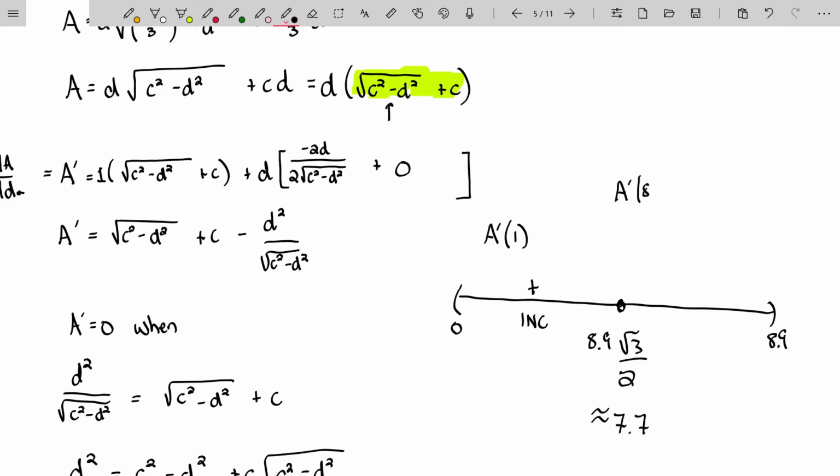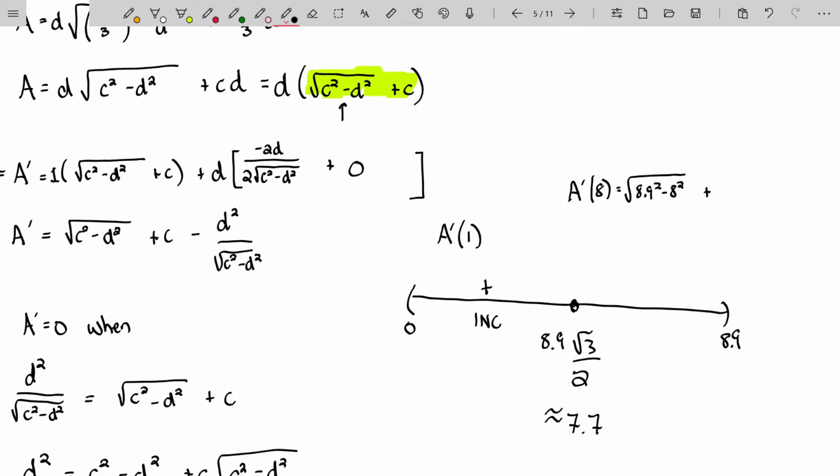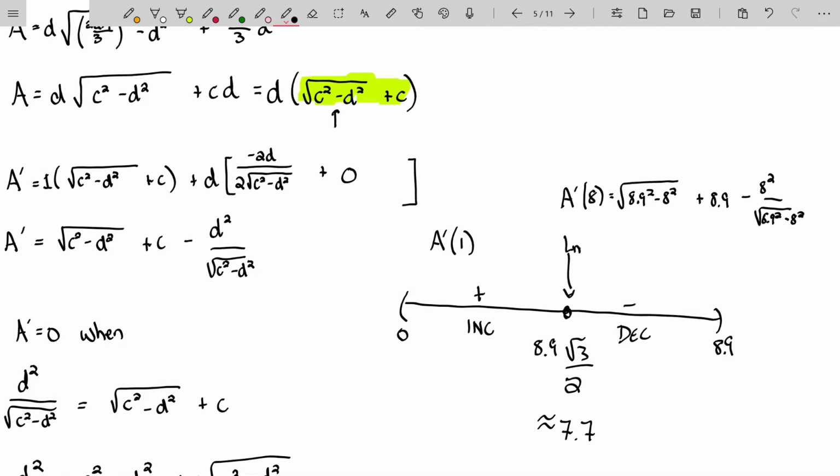So A prime at 8 is the square root of 8.9 squared minus 8 squared, plus 8.9 minus 8 squared, over the square root of 8.9 squared minus 8 squared. I'm going to quickly compute that. That's negative 3.6, but all that matters to me is it's negative. So I know that my area is decreasing at that moment. So my area went from increasing to decreasing. That is a local max, and it's also on that interval the absolute maximum.